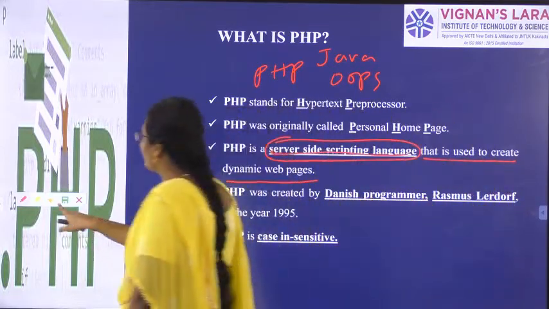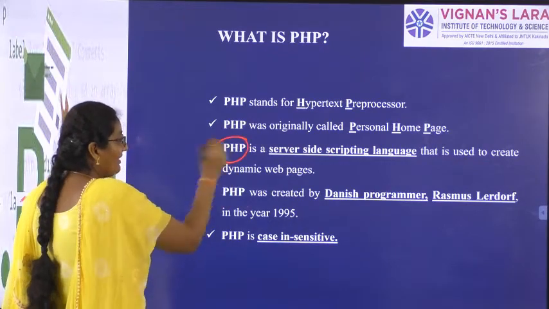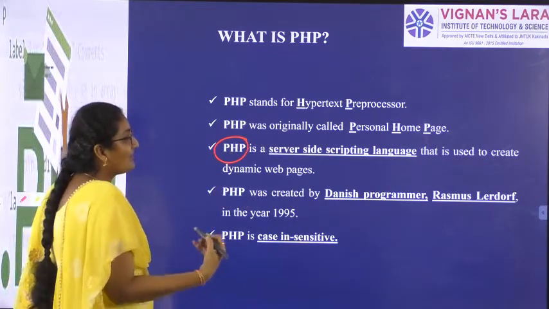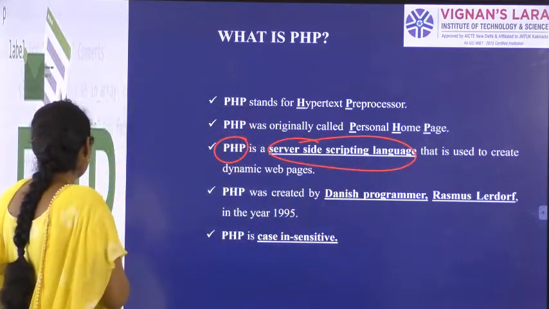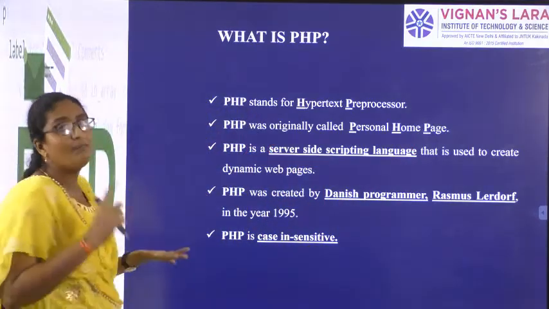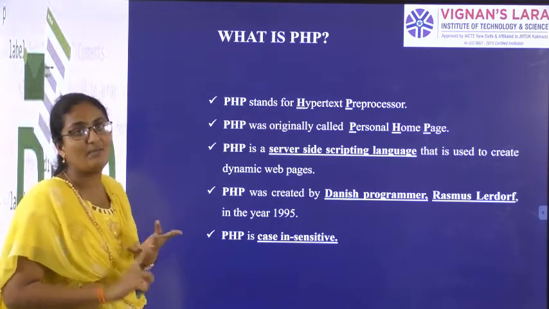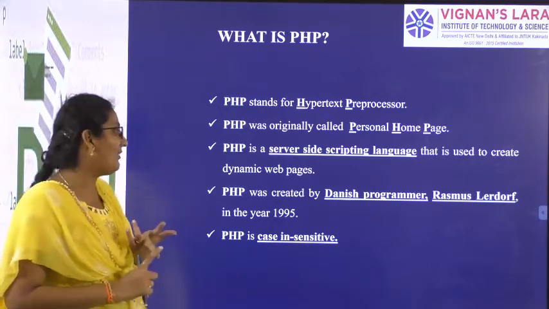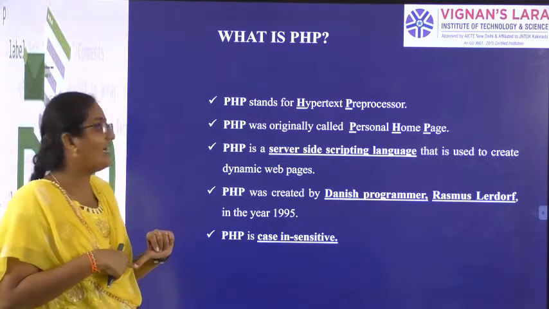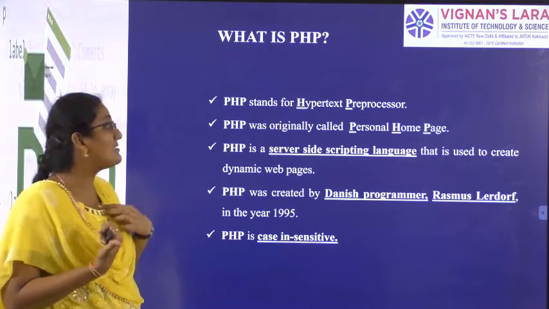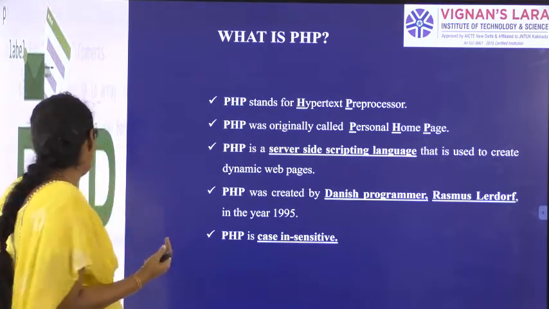It is a programming language which comes under the category of server-side scripting language. So to summarize, PHP is personal home page. It is also called hypertext preprocessor. PHP is used for creating dynamic web pages. It is case sensitive. PHP was created in 1995 by Danish programmer Rasmus. And finally, PHP is a server-side scripting language.